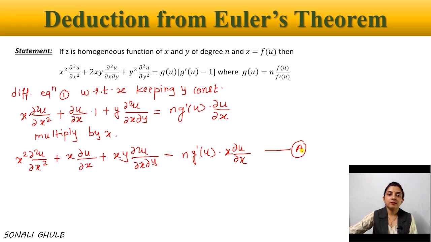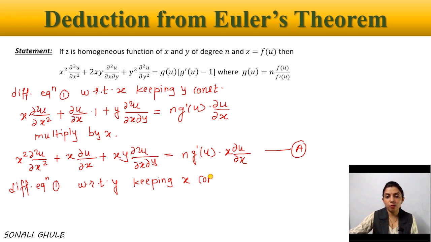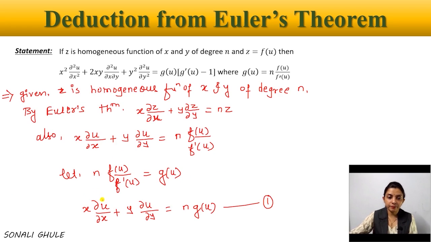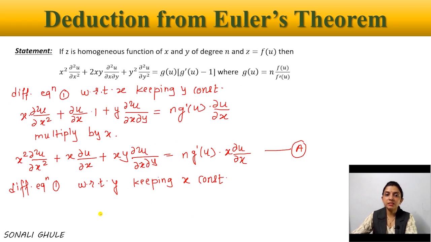Now to find the double derivative with respect to y, I have to differentiate equation 1 with respect to y, keeping x constant. When I differentiate equation 1 with respect to y, only this single term in the first part depends on y, so I take the derivative of this term only.